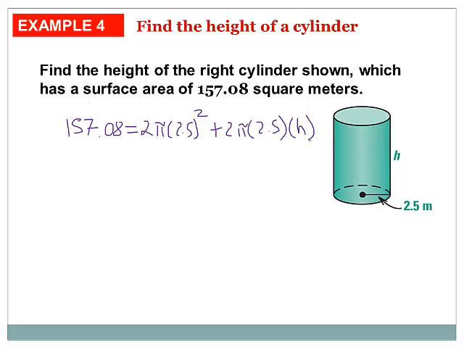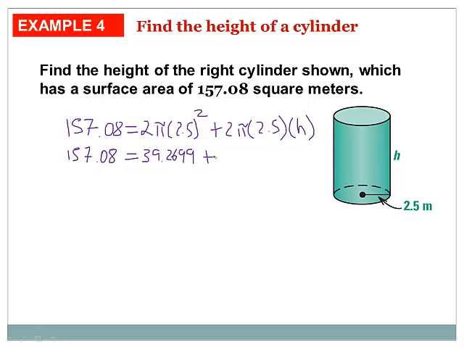So we're basically solving this formula. I'm going to use the pi button, so we have 2 pi times 2.5 squared. So we have 157.08 equals 39.2699 plus 2 pi times 2.5.